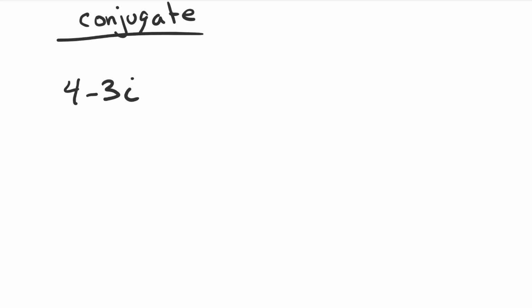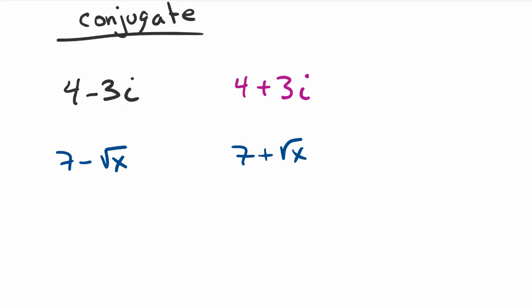Okay, I give you this: 4 minus 3i. What's its conjugate? Its conjugate is 4 plus 3i. Okay. 7 minus the square root of x. What's the conjugate? 7 plus the square root of x. Negative 7 minus 2 plus 2i.